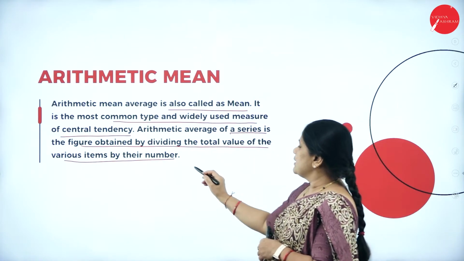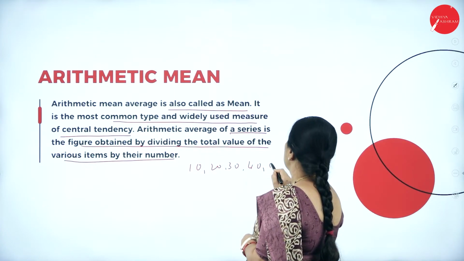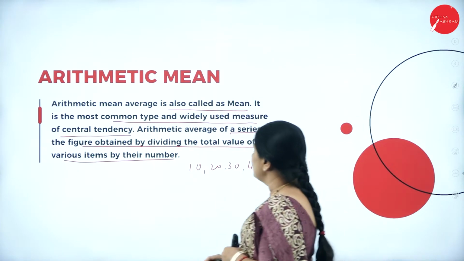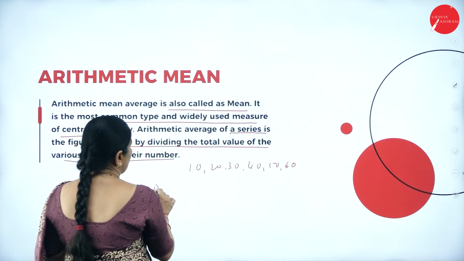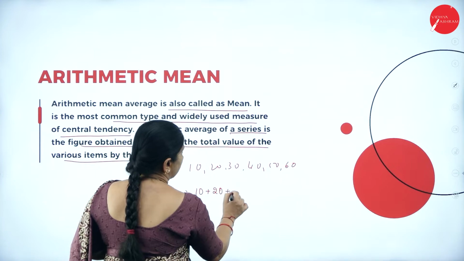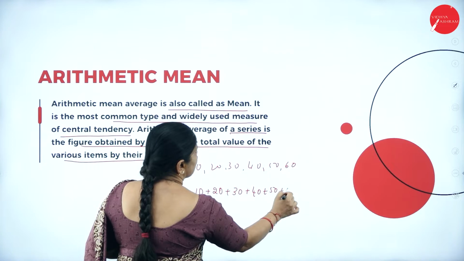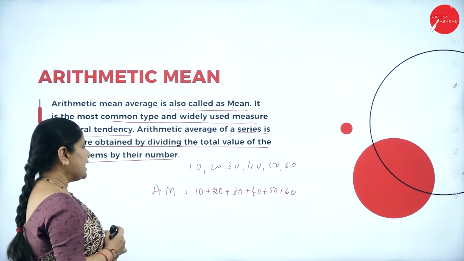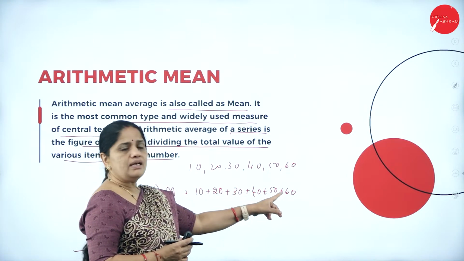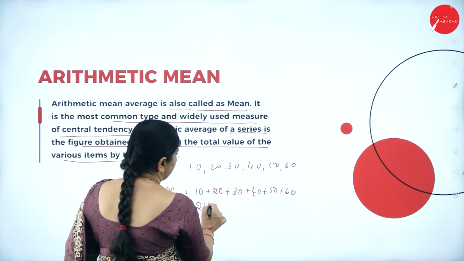Suppose I am given the numbers 10, 20, 30, 40, 50, 60. If I have to calculate the arithmetic mean of this, how do I calculate? I add all the values: 10 plus 20 plus 30 plus 40 plus 50 plus 60. When I add all these values, it comes to 150 plus 60, so the total is 210.